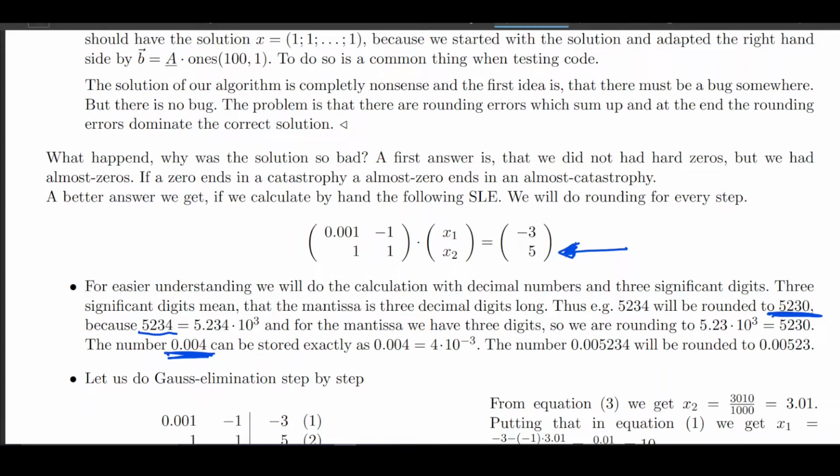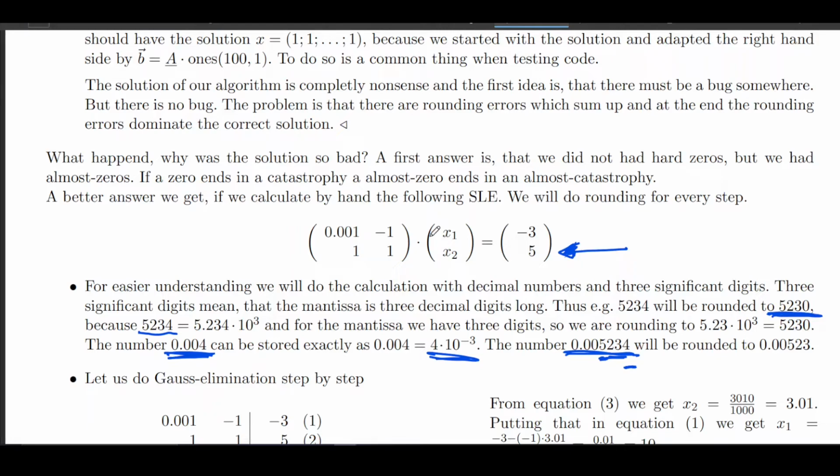This number can be stored exactly, that's no problem. We can store it as 4 times 10 to the power of minus 3. And this number can't be stored exactly. Here we will also have rounding, because after the first digit, the 5, we will have 2 more digits, but the third digit after the 5 is not possible to store because we assume floating point numbers with 3 decimal digits.